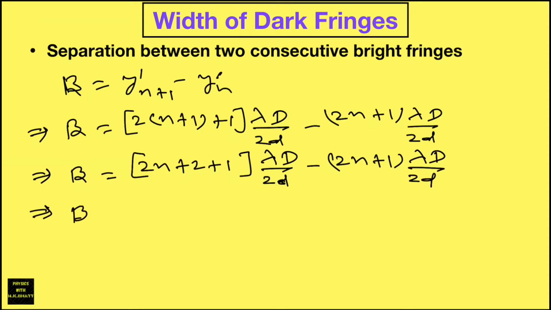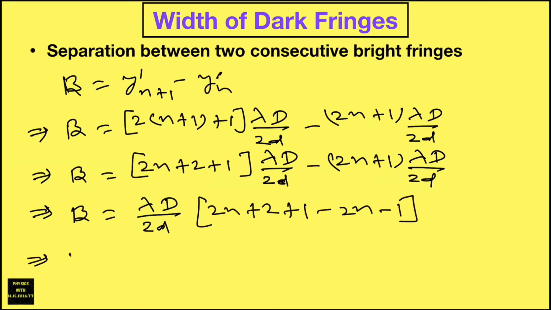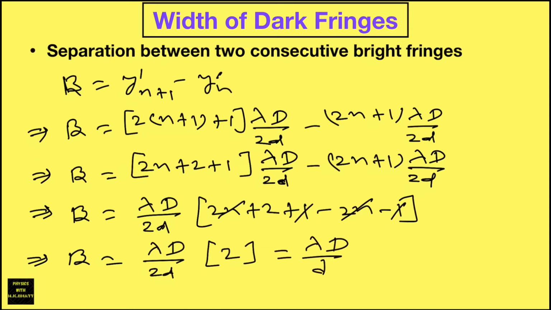Now, lambda D upon 2d is common. So, beta is equal to lambda D upon 2d times (2n+2+1-2n-1). Here 2n cancels, 1 is also cancelled. So, beta is equal to lambda D upon 2d into 2, the 2 is cancelled. So, lambda D upon d. Therefore, beta is equal to lambda D upon d.